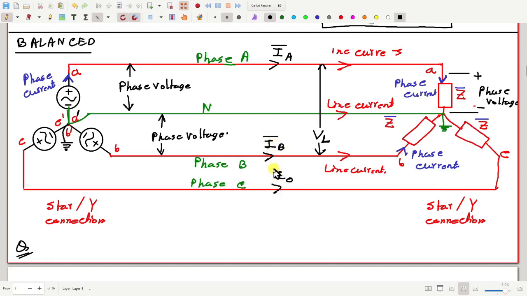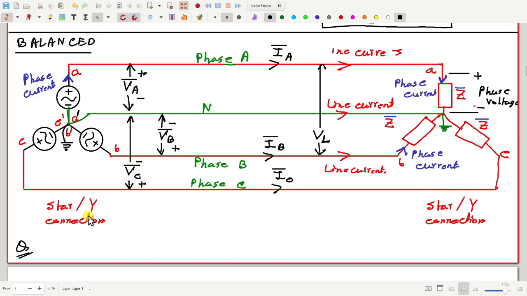These are line currents. In this case, they are also the same as the phase currents. And this voltage is VA, plus minus like this. Here VB, minus plus, and VC is from here to here, plus minus.